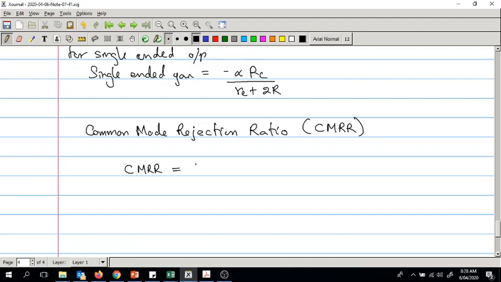CMRR is defined as the differential mode gain, A differential divided by A common, that's for a single ended output, right?